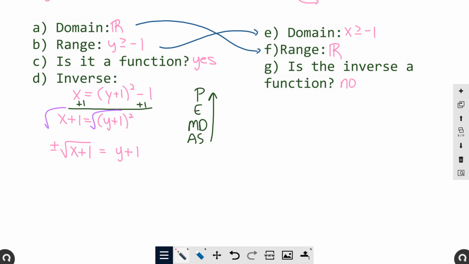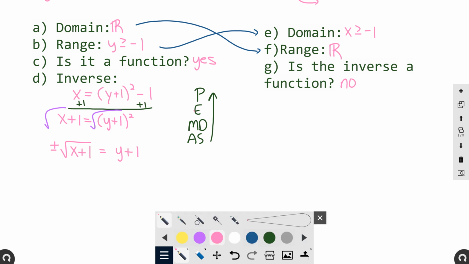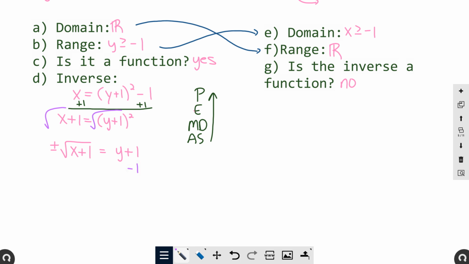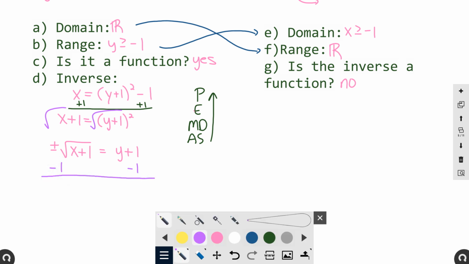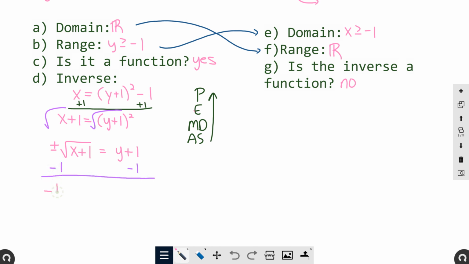Where should that 1 go? In front of the plus or minus. You're exactly right. We cannot subtract 1 inside this square root because they're not both under a square root. So we just tack it in the front. Negative 1 plus or minus square root X plus 1. And that would get Y by itself.